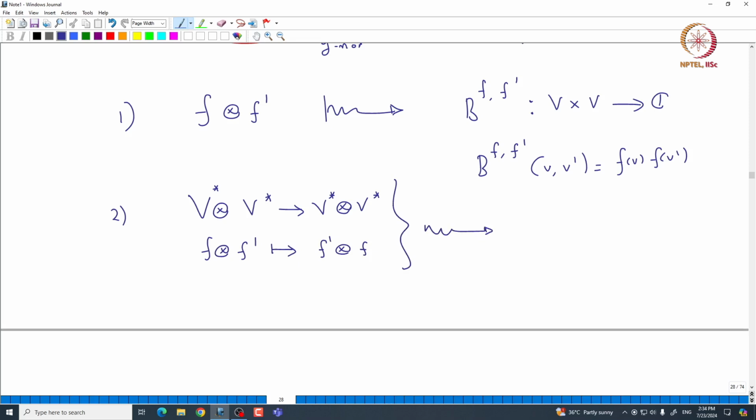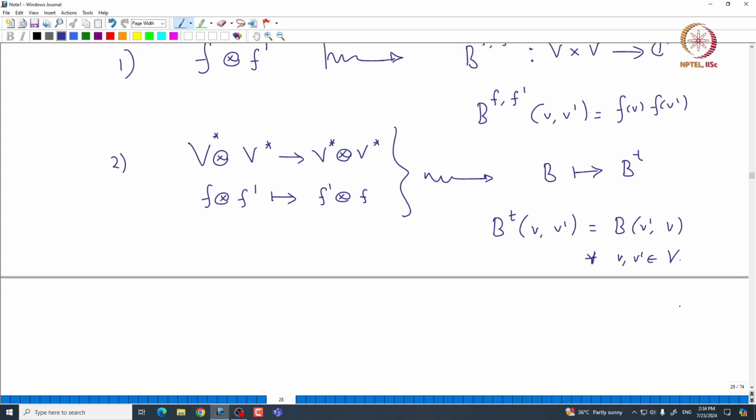If you think about it, this corresponds to taking the bilinear form to its transpose. So, you take the bilinear form B and send it to its transpose. The transpose is defined by B transpose(v, v dash) being exactly equal to B(v dash, v). That is the definition of transpose. So, this flip indeed just does this, which is again very easy to write down.